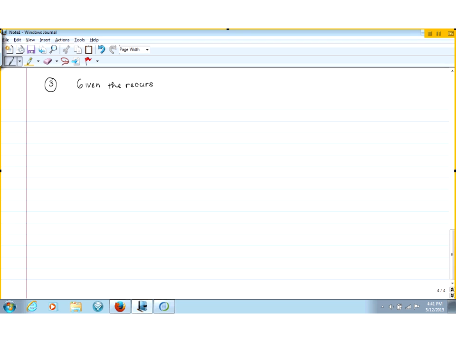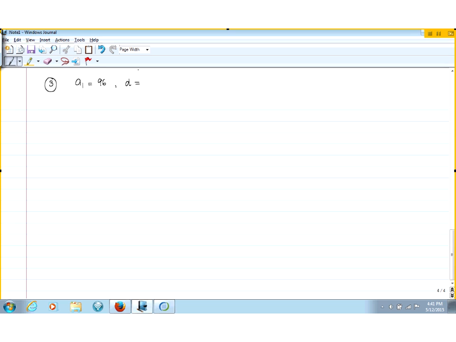So given the recursive formula, okay, all right. So actually, this is related to the previous problem, which is what is given. So we have that A1 is 96.